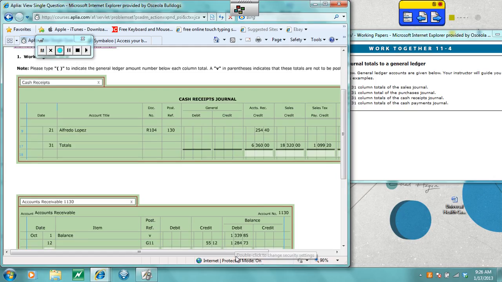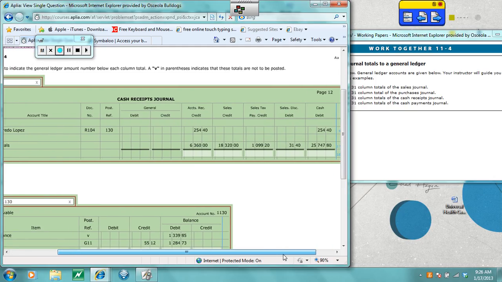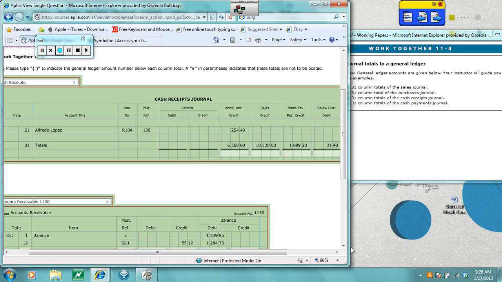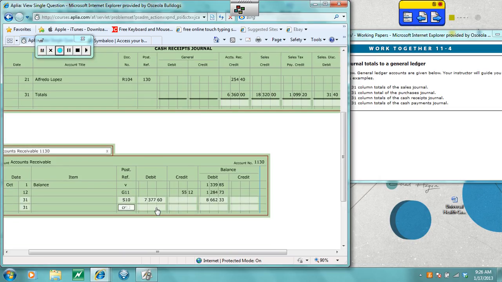Let's see, give me the number. You know it. CR12. Okay, it's a credit here. So it has to be a credit here. Debit, credit, which one's bigger? So we're going to have a debit balance. They're opposite, so we're going to subtract them.